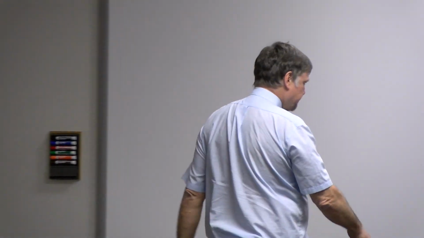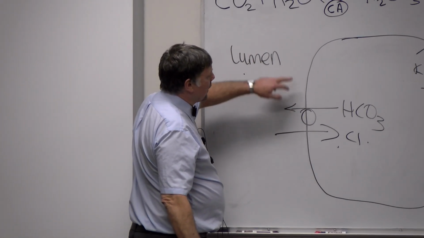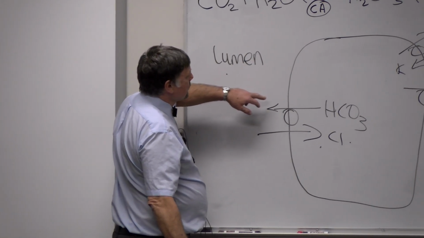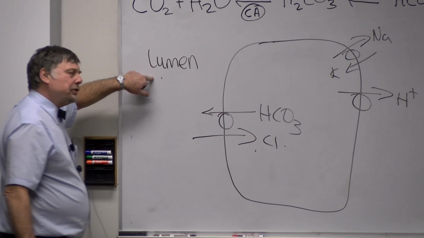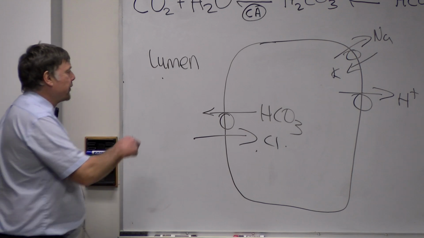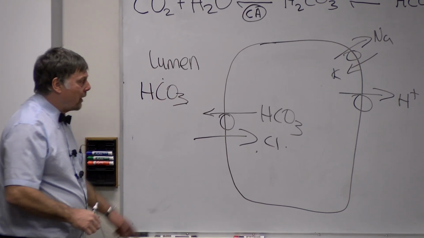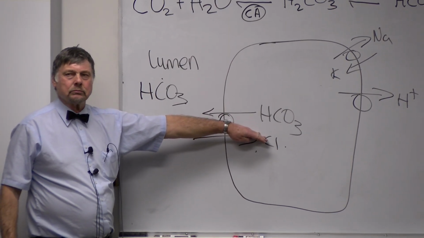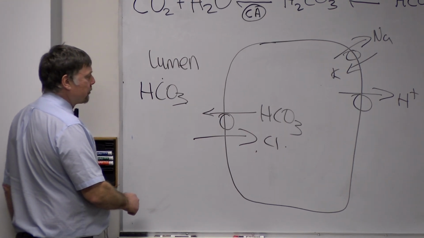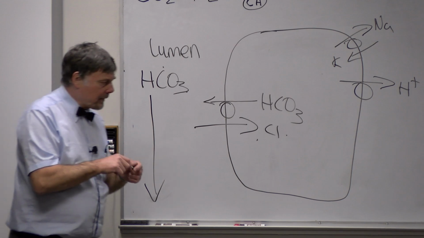And indeed, if you have a lot of bicarbonate, you can actually get rid of more. But in a metabolic alkalosis, you get a lot of bicarbonate filtered anyway, and you probably don't need to make this thing happen. Because if you filter a lot of bicarbonate, you'll actually excrete bicarbonate.